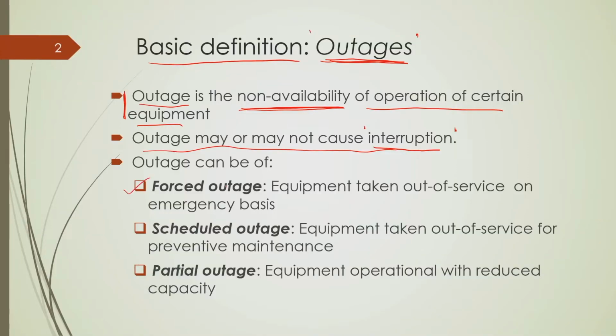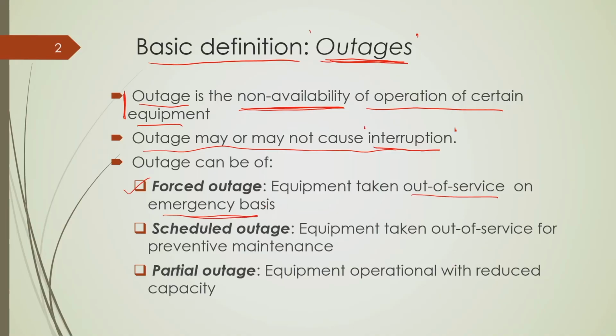One is called forced outage, where any equipment is taken out of service on an emergency basis. This is called forced outage, when the utility operators need to take any equipment out of service, and this occurs whenever there is an emergency situation.